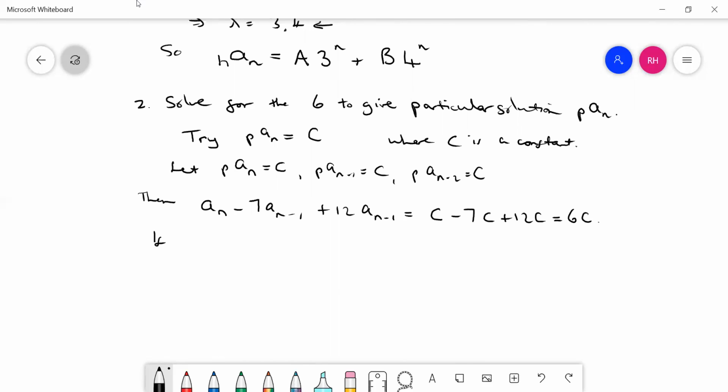So if we let 6C equal the 6, so this, the 6 is the right-hand side of the recurrence relation.